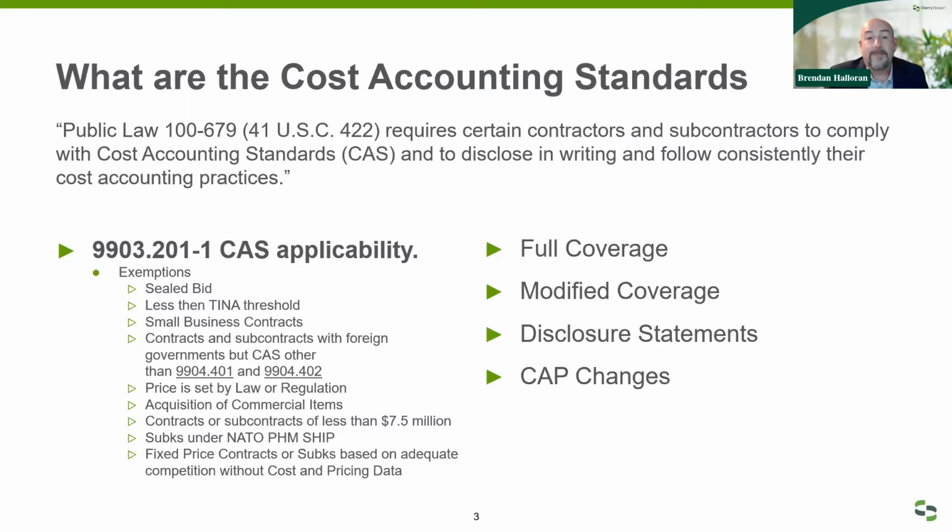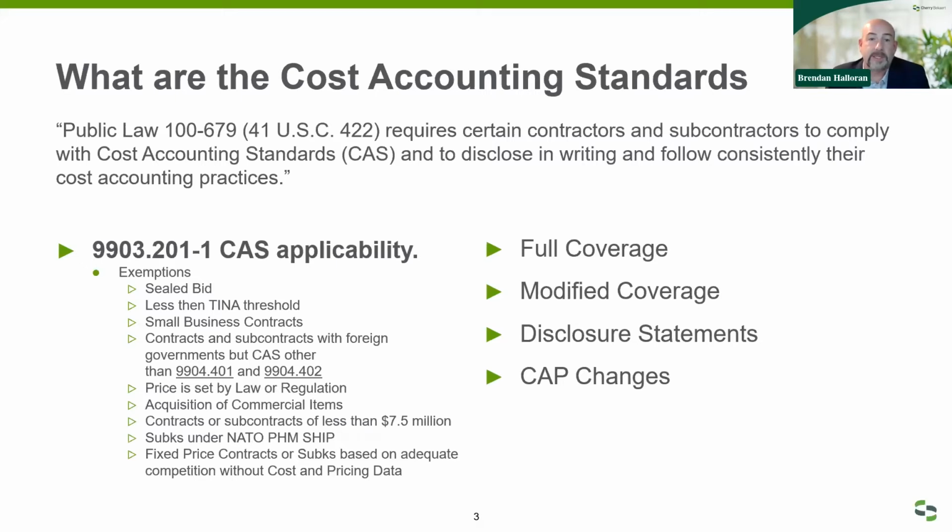There are also a couple of different ways that a contract could be CAS covered. That could involve full coverage, which is all 19 standards, or modified CAS coverage, which only has select standards, and that again is driven by some of the contract details. And then we'll also talk just briefly about disclosure statements and CAP changes, which are cost accounting practice changes.